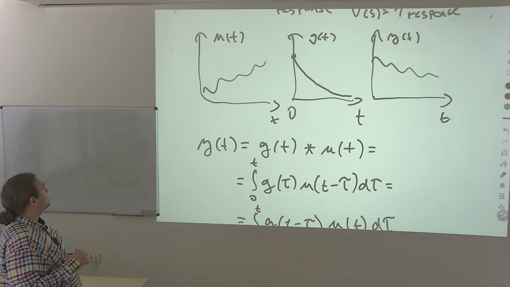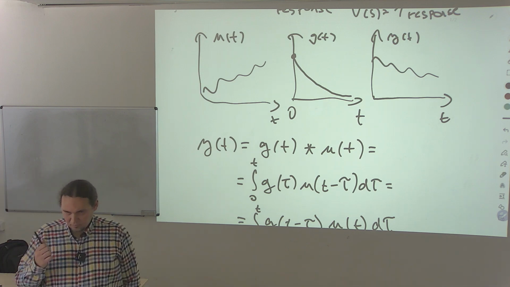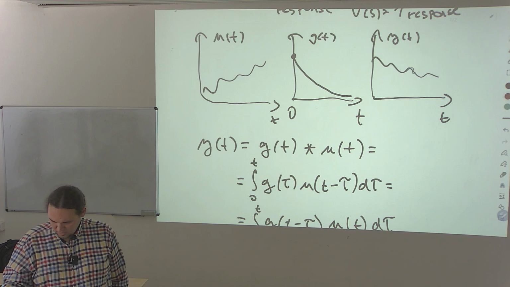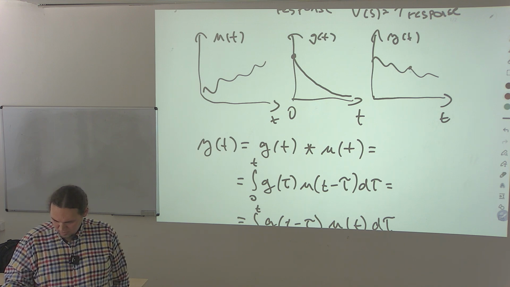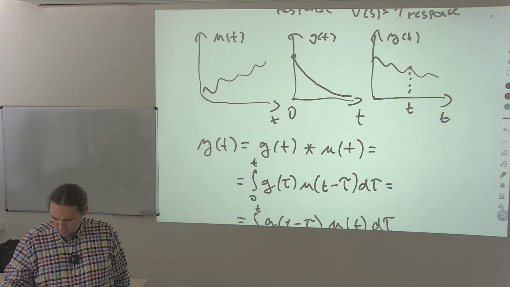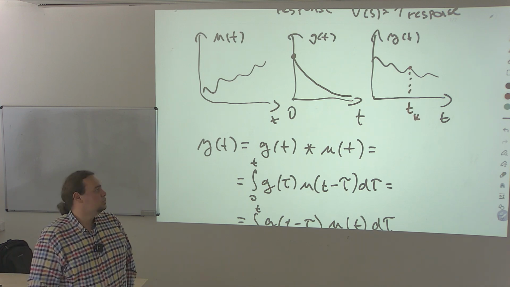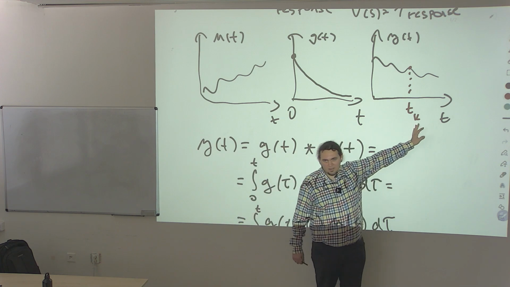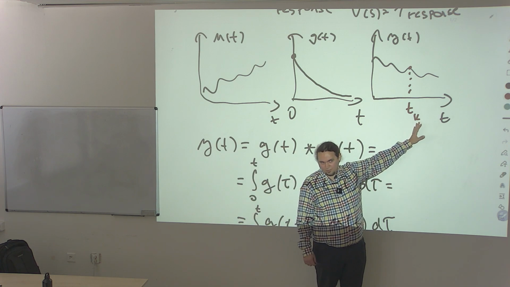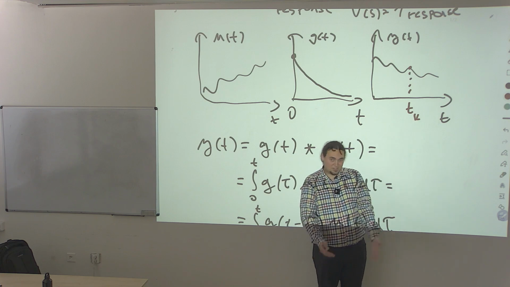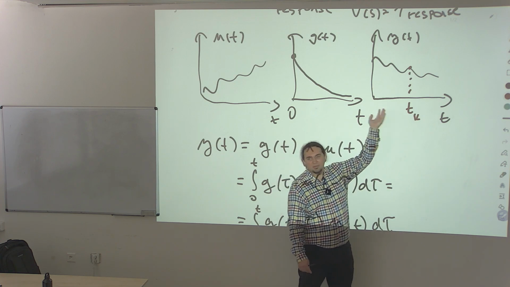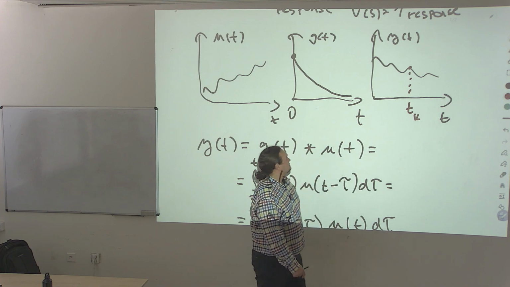I don't know, something like this. Now, let's say that we are at the particular time tk. This is the output of a dynamic system, and since the system is dynamic, it keeps the memory of what happened in the past.